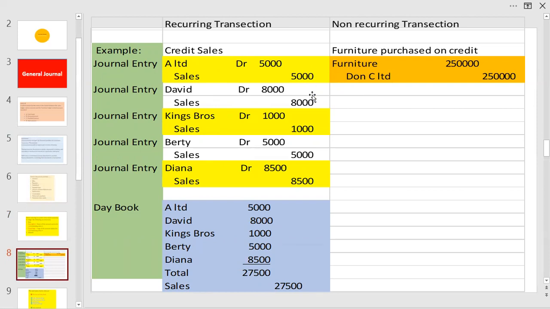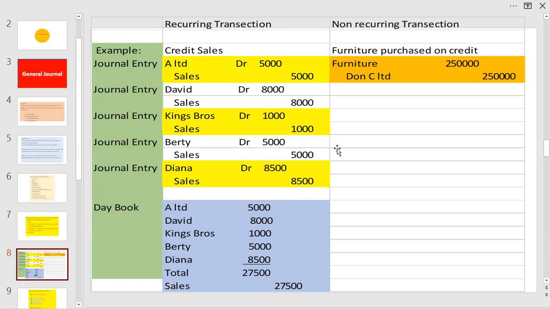is shown here. A Limited debit, sales credit. David debit, sales credit. King's Brothers debit, sales credit. Bertie debit, sales credit. Diana debit, sales credit. Now here we have repeated the sales credit 5 times. Is there any benefit other than it involves work but no gains? It doesn't stop there.